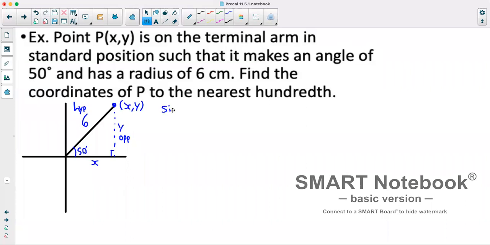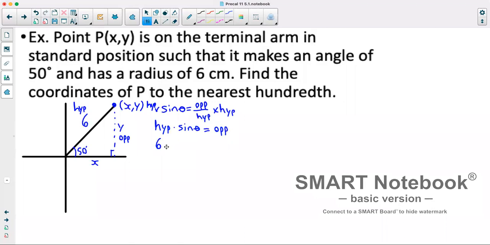So we have sine of our angle is equal to opposite over hypotenuse. We want to get our opposite on its own, so we would multiply both sides by the hypotenuse. That gives us hypotenuse times sine of our angle is equal to our opposite.